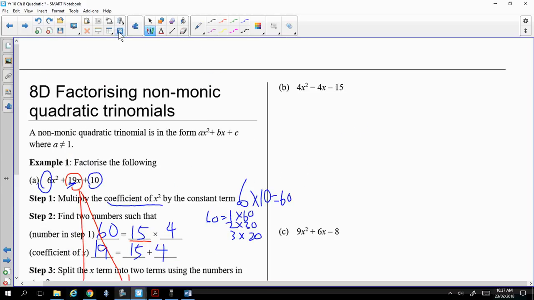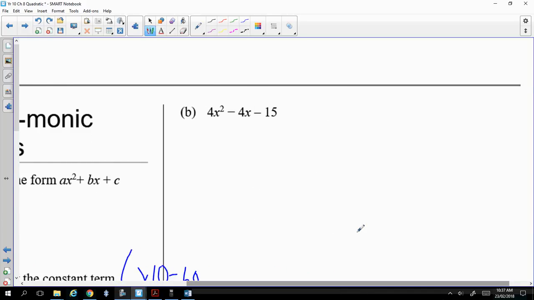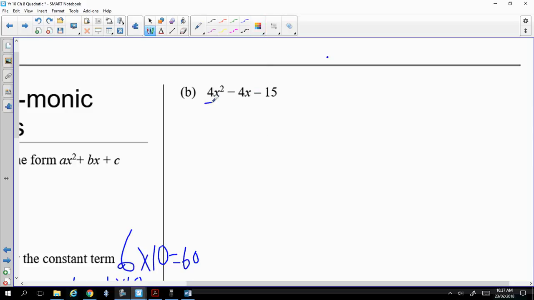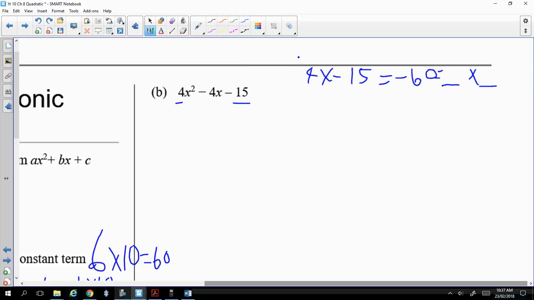So let's make it big. Okay, so the first step is to multiply the 4 by the negative 15. So you get negative 60. So find 2 numbers which multiply to get negative 60, but add to get negative 4. So try to work out.